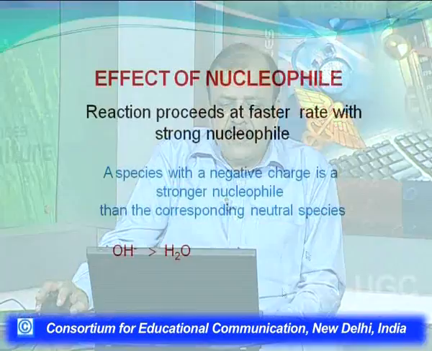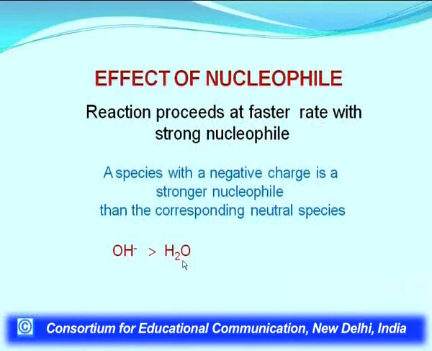So, a species with a negative charge is a stronger nucleophile than its corresponding neutral species. For example, water. Water has oxygen, and oxygen has 2 lone pairs of electrons. It loses one H plus and becomes hydroxide ion. This negative charge is obviously on this oxygen.